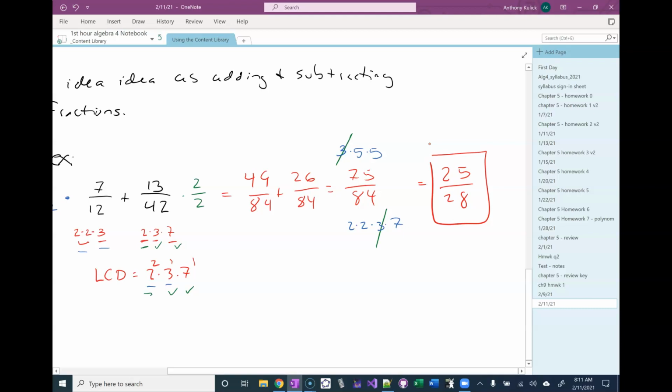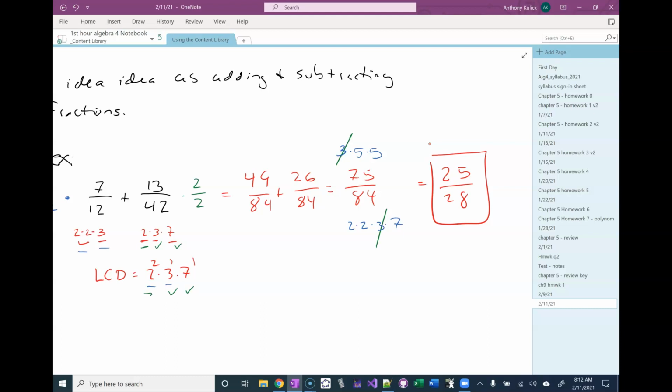This process is considerably more difficult than multiplying or dividing, right? The good news is this doesn't get considerably more difficult when we extend it to rational expressions. So that's good. Okay.